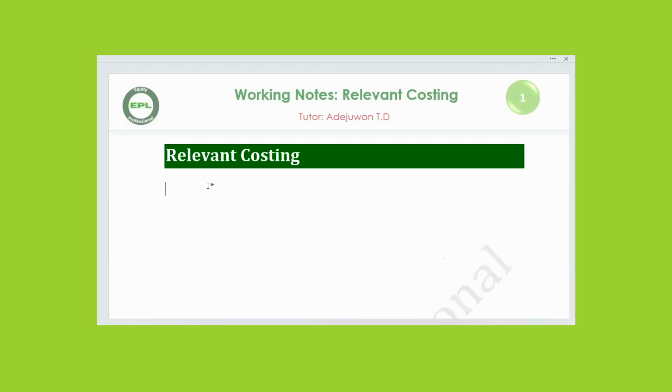All right. So usually these relevant costs have some attributes, which are part of what we are going to be discussing. I will introduce you to relevant costing. We're going to talk about the attributes, qualities, criteria, determinants or factors of relevant costing. There are also some terminologies the examiner or the syllabus expects you to know.